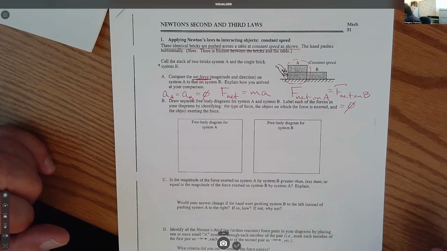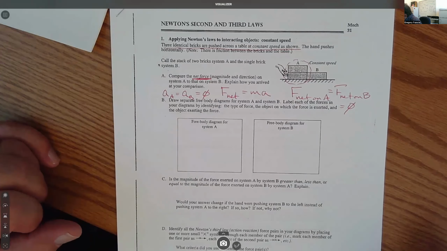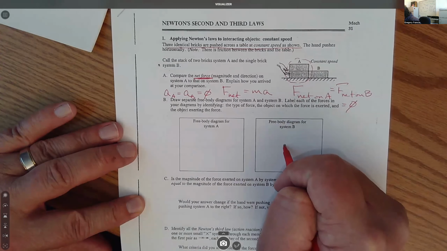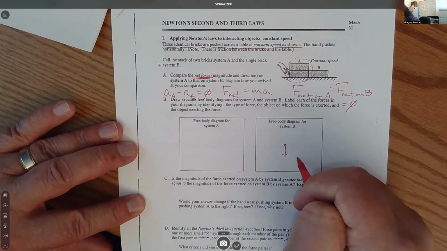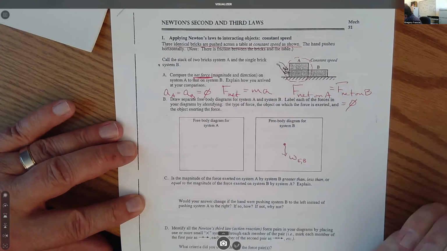Now we're asked to draw those free body diagrams, and I encouraged you in class to always draw the free body diagram of the simplest object first, the thing that's touching the fewest other things. And that's going to be System B. So the first force we put on that diagram, of course, is the gravitational force, Earth pulling on B. Then we ask, are there any magnets?